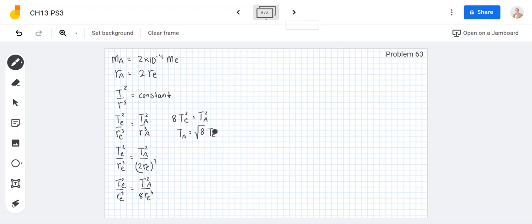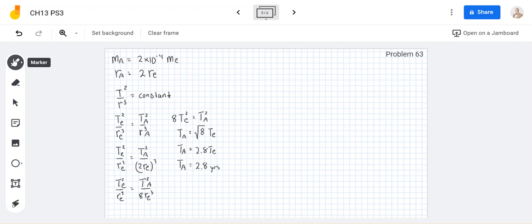And the square root of 8 is 2.8. And what's nice about this is they want it in years anyway. And because the t for the Earth in years is 1 year, this is 2.8 years.